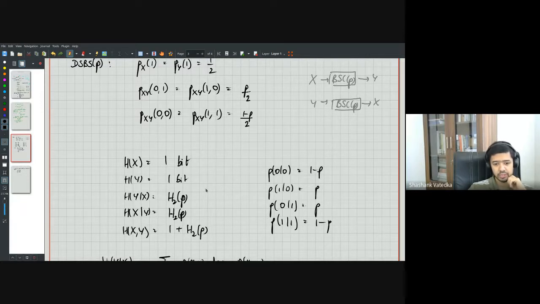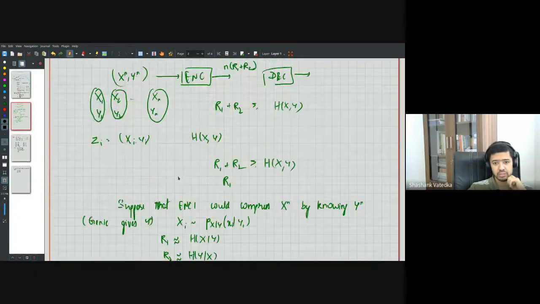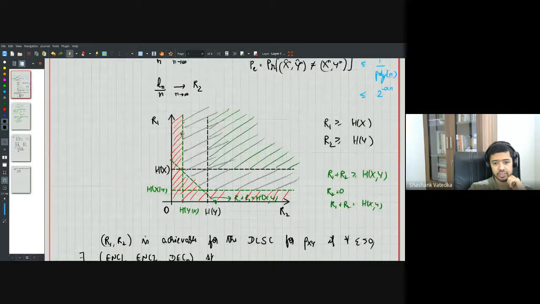But if you're allowed to jointly decode xn and yn, even though they're encoded separately, you can achieve a much, much smaller rate.